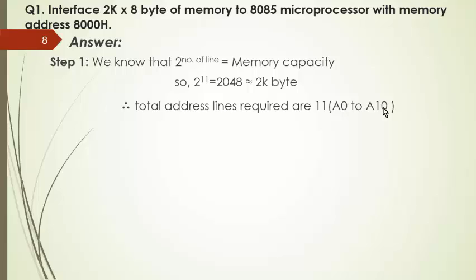So we assume 11 address lines. Total address lines required to get 2 kilobyte of memory capacity are 11. A0 to A10 address lines of the 8085 microprocessor we are going to use for memory interfacing, that is 11 address lines.